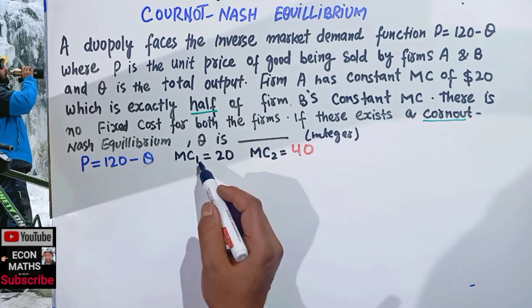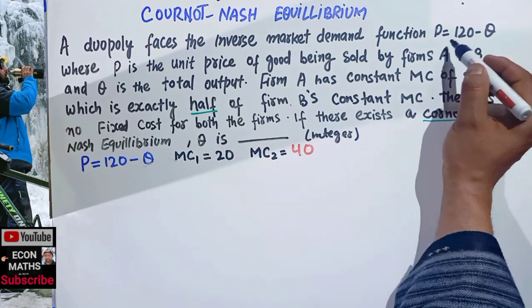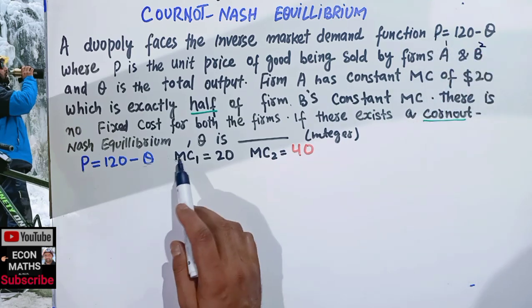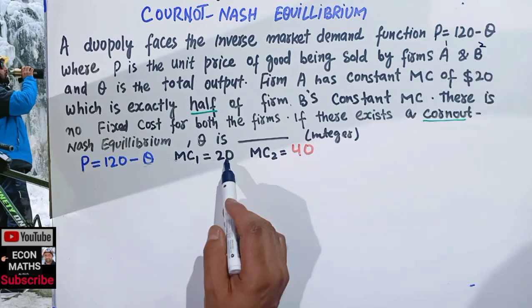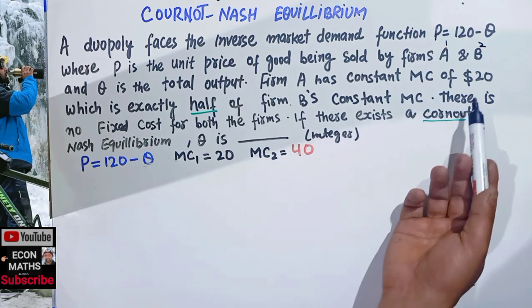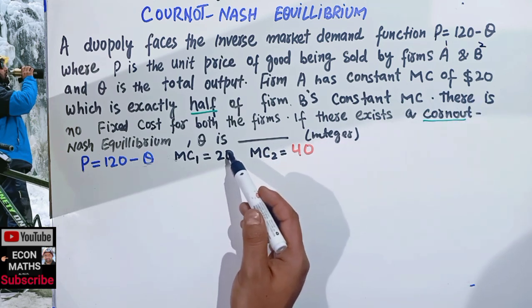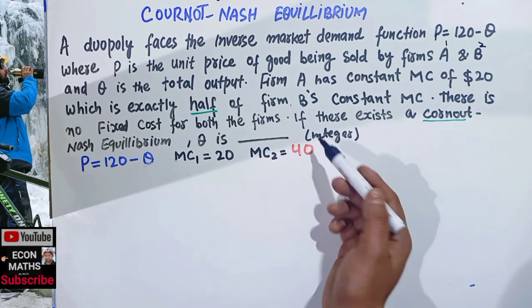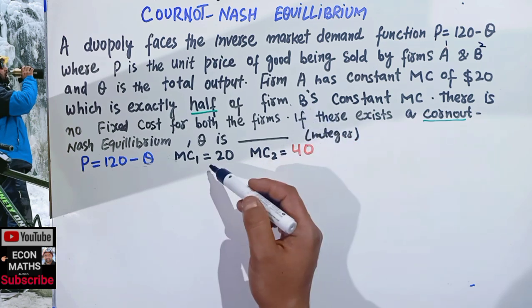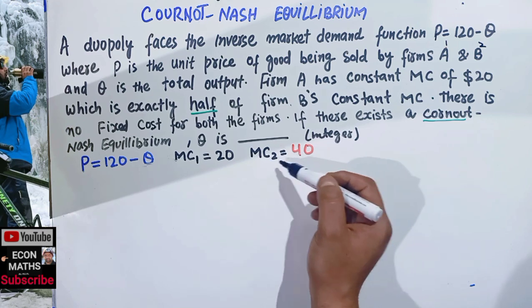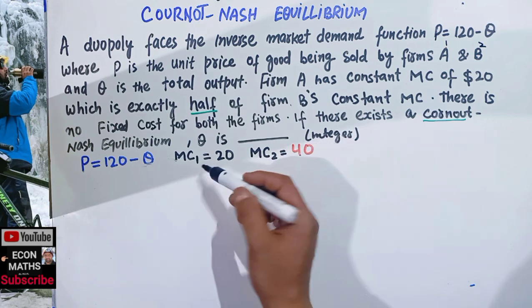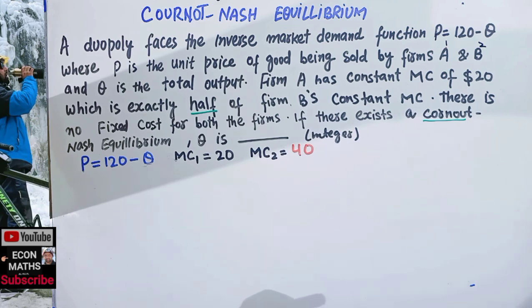Marginal cost of firm A, I am writing in place of A and B as 1 and 2 for the sake of simplicity. So marginal cost of firm 1 will be 20, which is given to us, and we are told it is exactly half of the marginal cost of firm B. That means firm 2 will have twice the marginal cost of firm A, so MC2 will be equal to 40.